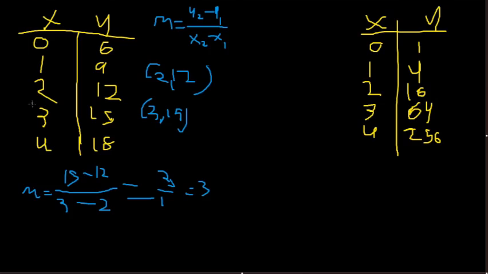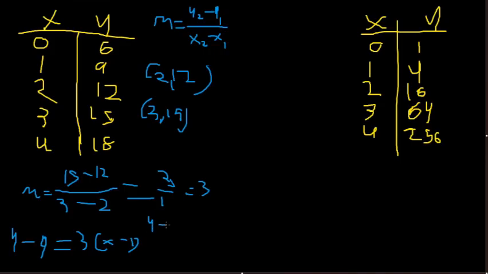And now we're going to do point slope form like last time, which is y minus y1 equals m times x minus x1. So let's do this with the point (1, 9). So y minus 9 equals 3 times x minus 1. So we're going to distribute that.